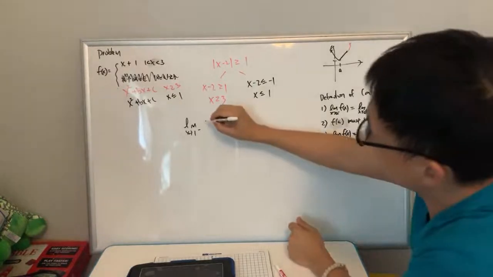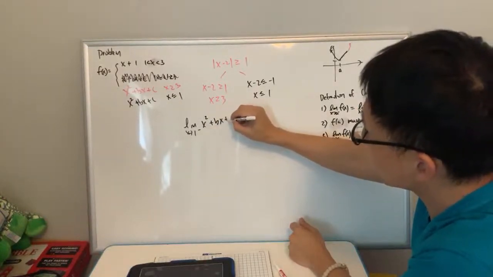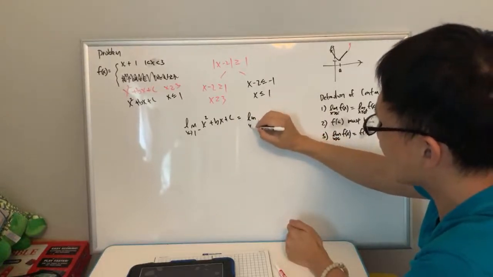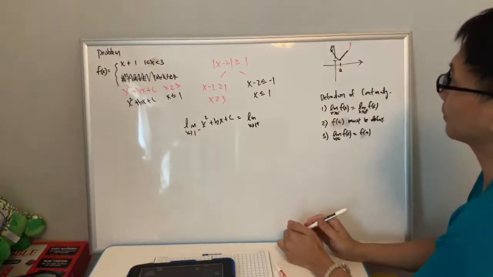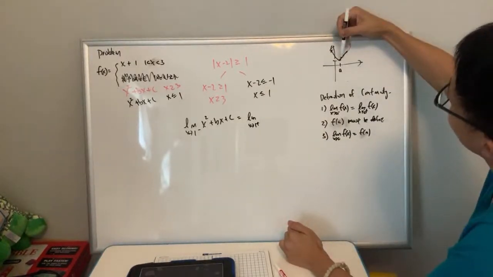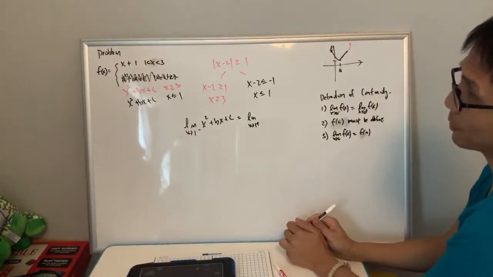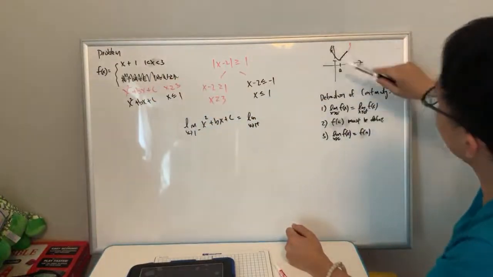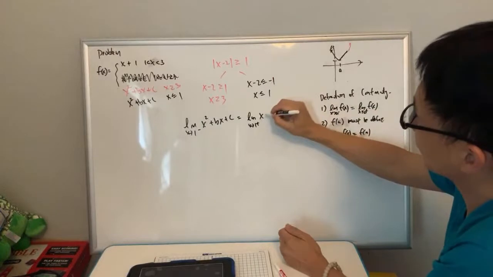So that's x squared plus bx plus c, equal to the limit as x approaches 1 from the positive side. From the positive side, I'm going to use the middle part of the function, which is x plus 1, and we're going to plug in x plus 1.